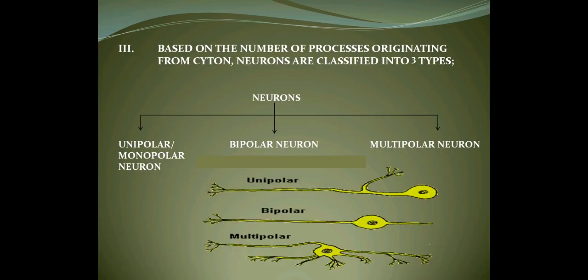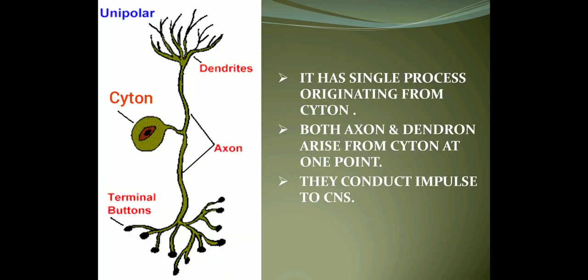Now, based on the number of processes given out from the cyton, neurons are classified into three different types. They are unipolar, or monopolar neuron, then bipolar neuron, and multipolar neuron. Let's see the details of each. The first one is unipolar, or monopolar neuron.